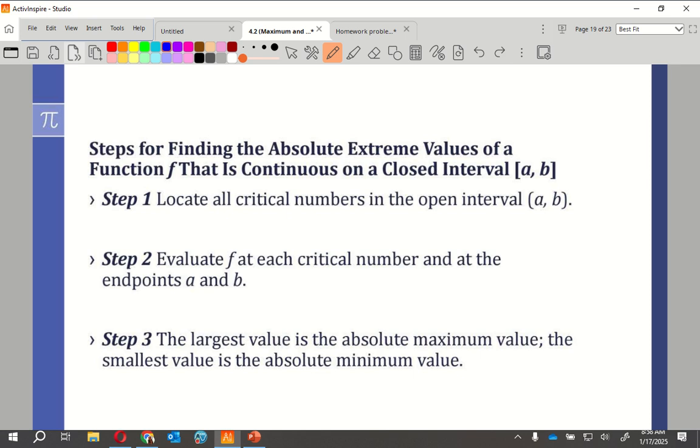Steps for finding absolute extreme values of a function that is continuous on a closed interval. That's important. Locate all critical numbers in the open interval. That means not including a and b. So what am I looking for in between those 2 points? 0 for the derivative.